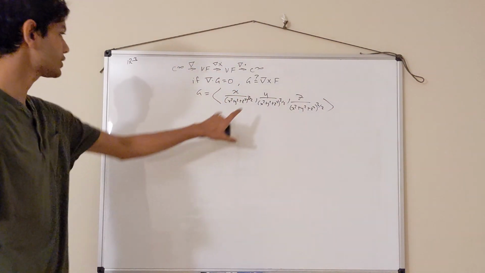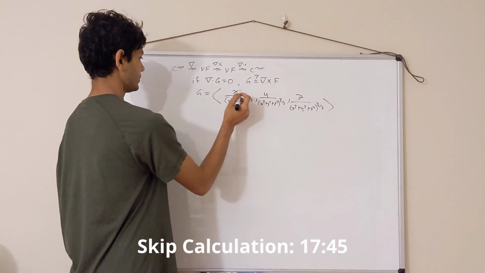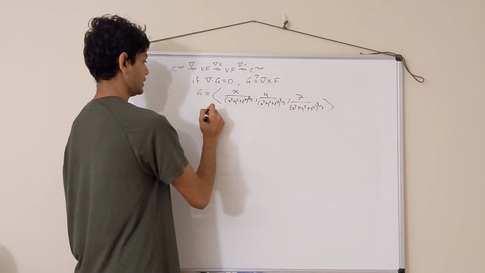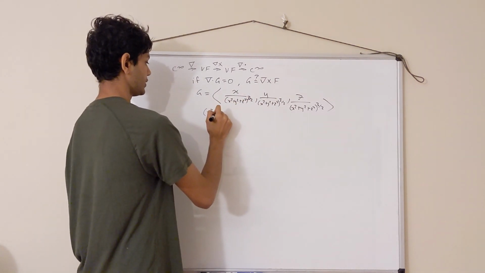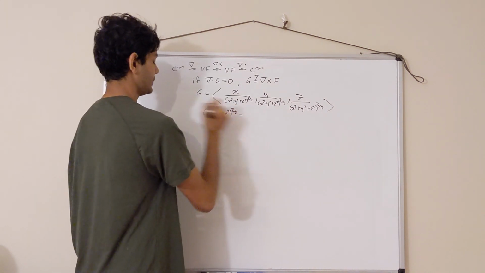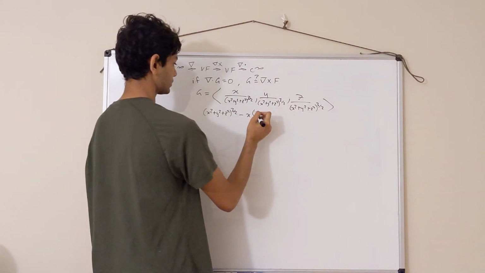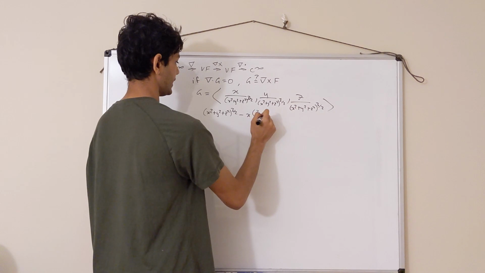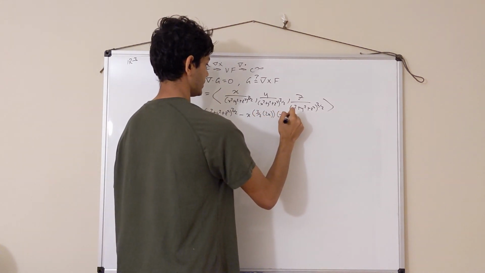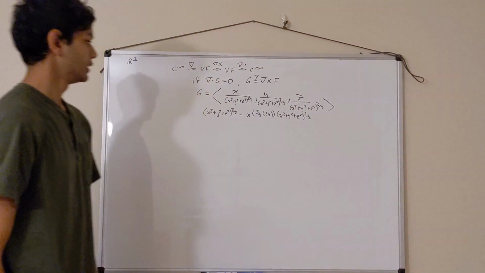Okay, so let's first show that the divergence of this is equal to 0. Let's look at what the derivative of this with respect to x is. That'll be using the quotient rule: (x squared plus y squared plus z squared) to the power of 3/2, minus x times 3/2 times 2x times (x squared plus y squared plus z squared) to the power of 1/2.